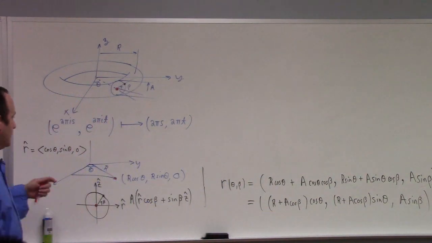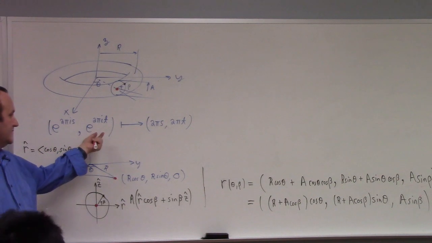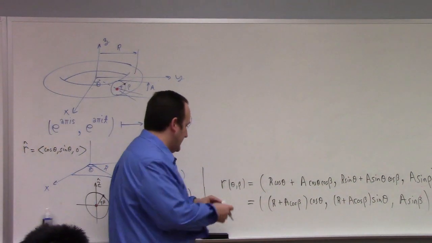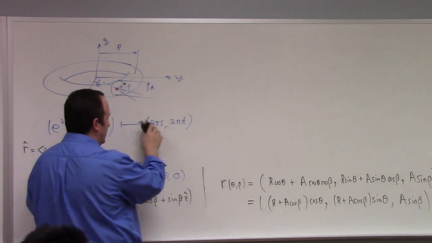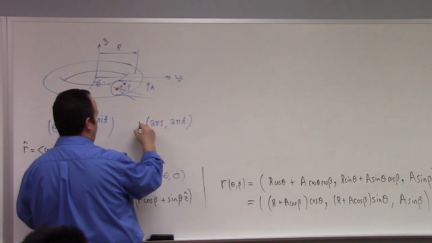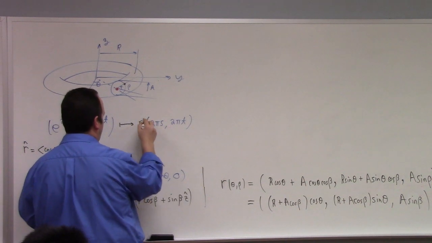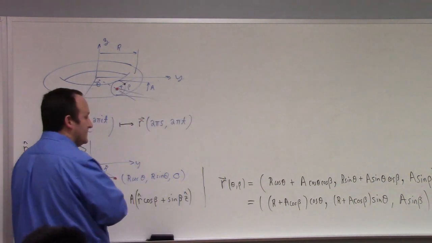So if you map 2 pi, e to the 2 pi it to r of, instead of this, I should do what? R of that, right? I'll put a vector on it because, hey, we haven't had any vectors in here yet, right?